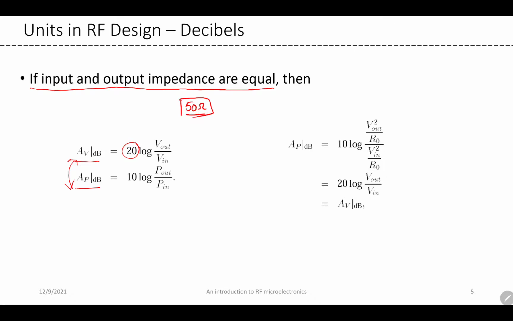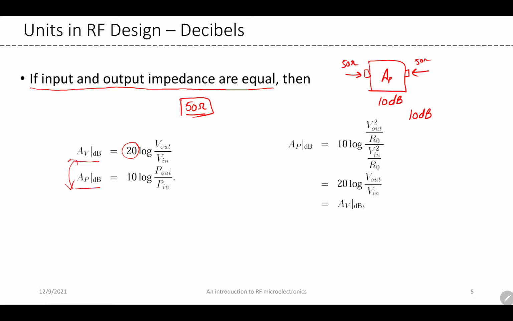So if you have a system in which both the input and the output are defined in a 50 ohm standard, then you can use the voltage gains or the power gains in terms of dB. They are the same. For example, if this is a system and it has a power gain of 10 dB, it will also have a voltage gain of 10 dB.